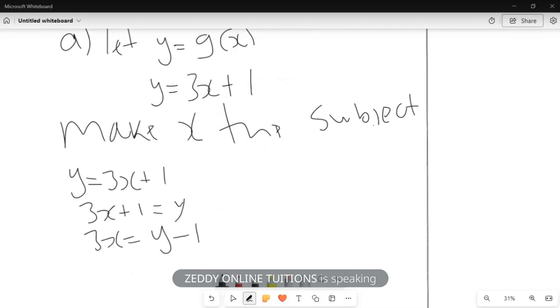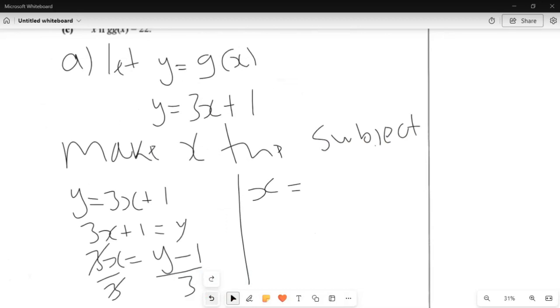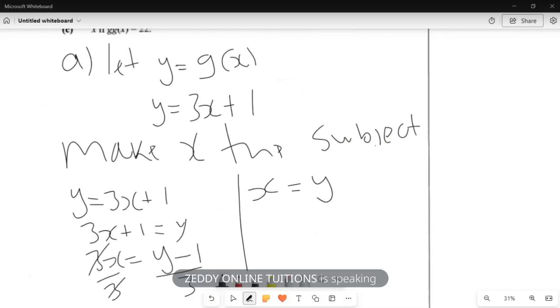And from there, we say over 3. We are going to come up with X is equal to Y minus 1 over 3.